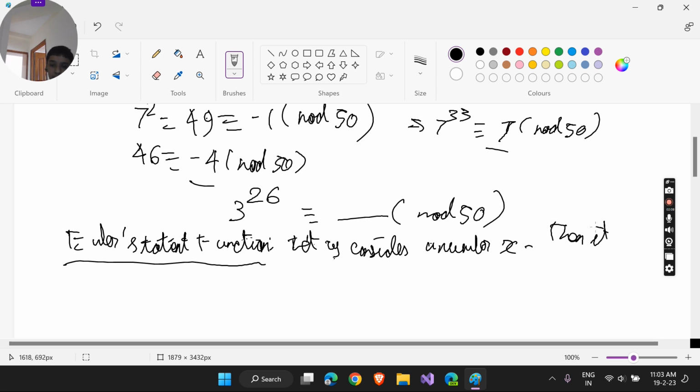Then it is basically the number of numbers that are relatively prime to it.